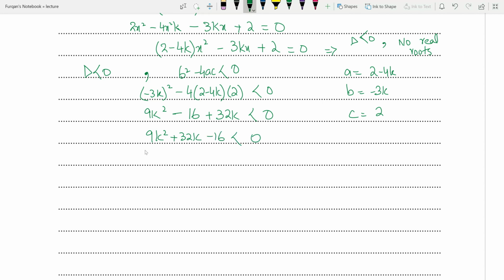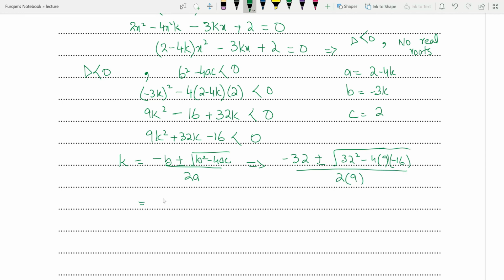We will find the values of k by using the quadratic formula. So k is equal to negative b plus or minus the square root of b squared minus 4ac, over 2a. In this case, b is 32. So negative 32 plus or minus the square root of 32 squared minus 4 times 9 times negative 16, over 2 times 9.